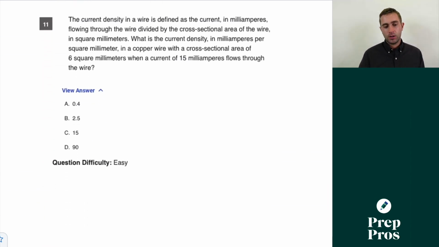Question 11. The current density in a wire is defined as the current in milliamperes flowing through the wire divided by the cross-sectional area of the wire in square millimeters. So what we basically know is we're doing our milliamperes over the cross-sectional area of the wire.